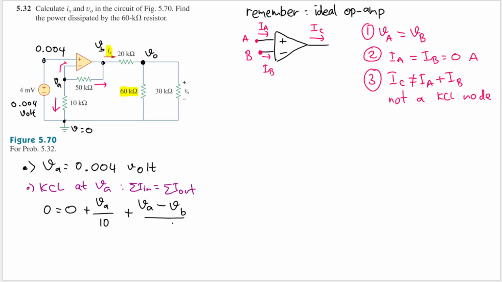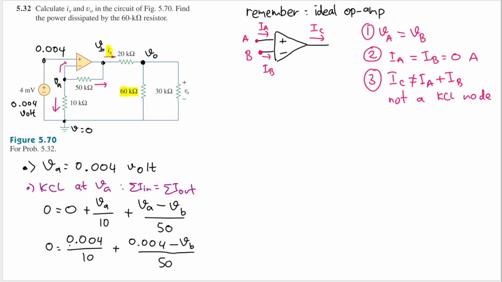divided by 50. Let's plug in that VA is 0.004, so we will have 0 here, and 0.004 divided by 10, and then 0.004 minus VB divided by 50. What can we do?